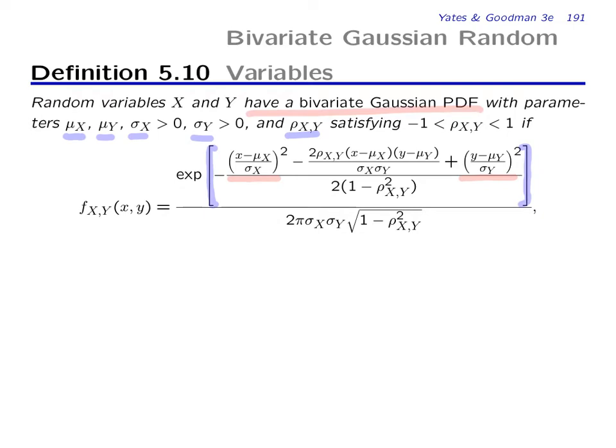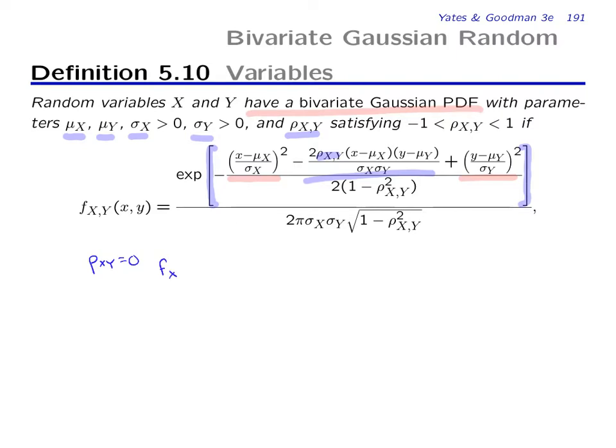And then there's a cross term here, which is also kind of complicated. And the cross term involves the correlation coefficient rho. So to get a first sense of how this works, let's look at the case where rho xy is equal to 0.